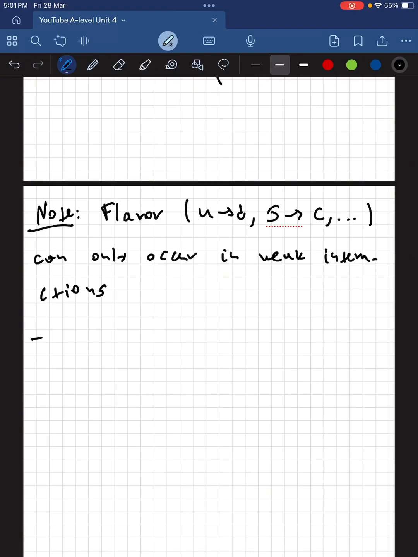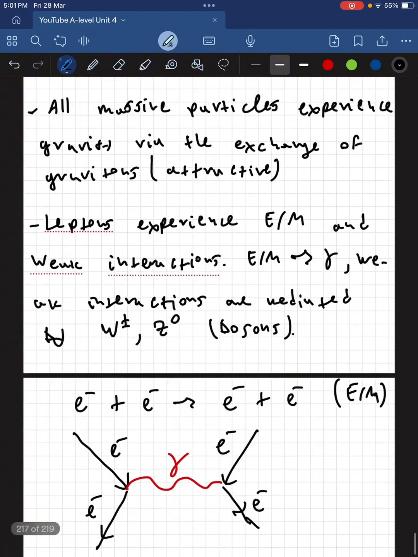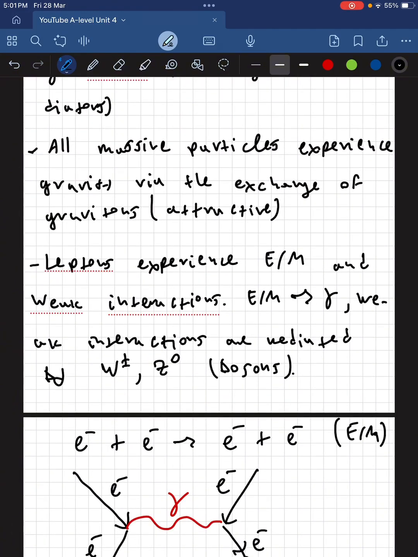And finally, hadrons. Okay, so we talked about how all massive particles experience gravity. Okay, so this was the first thing.